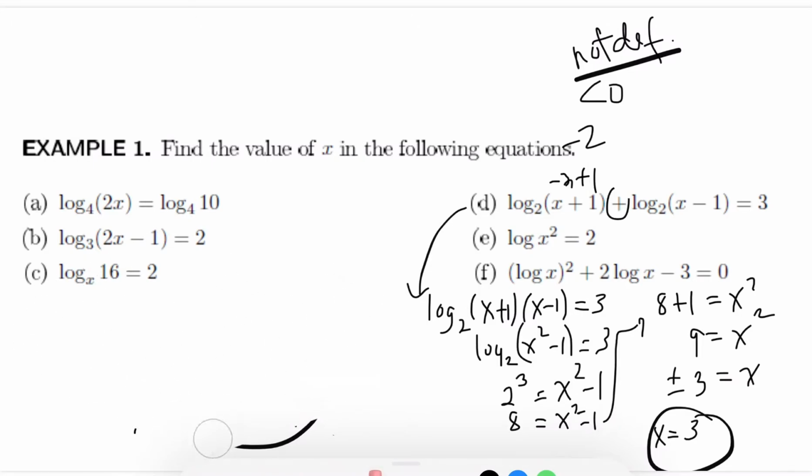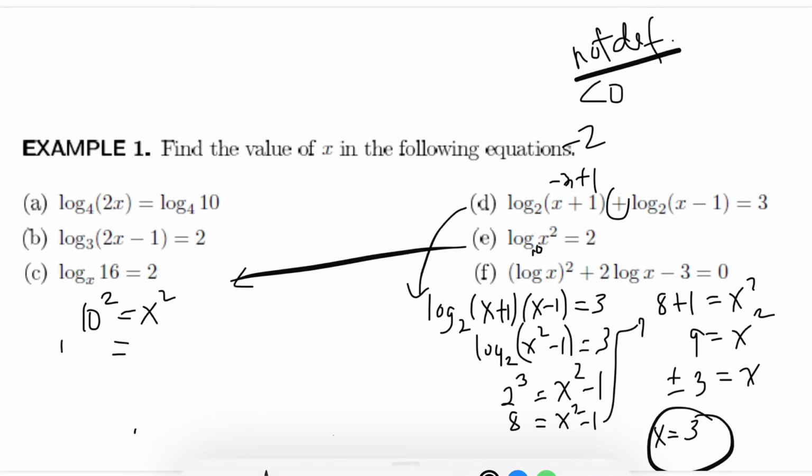Now let's move on. Letter E. Log of x squared equals 2. Take note that if it is not written, there is a 10 there. So transform to its exponential form. 10 squared is equal to x squared.